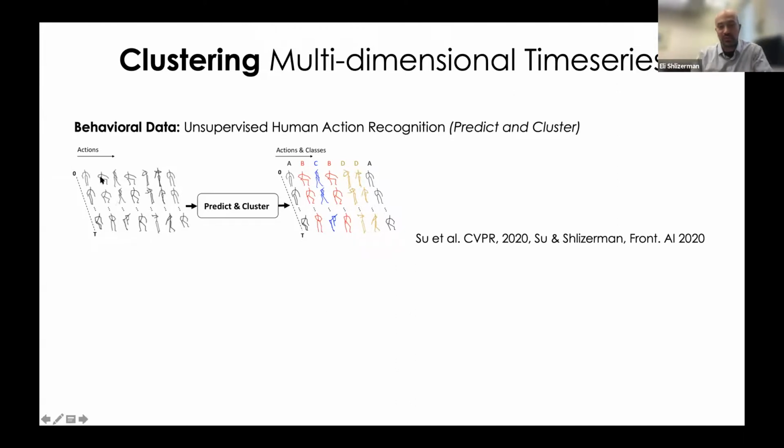So in this example, actions of human movements are being tracked, so the joints are being tracked, and from a sequence of human movements, we would like to classify them into different actions, so into clusters, and then to use classifiers to classify them into different actions.